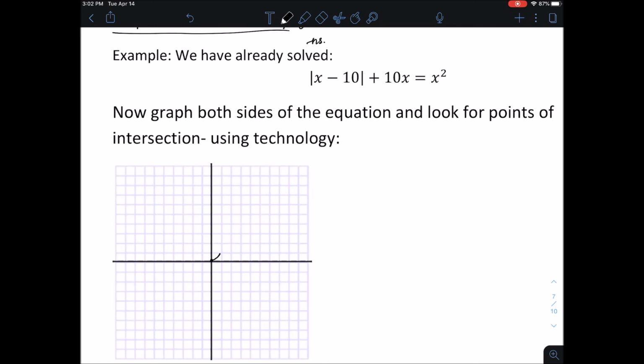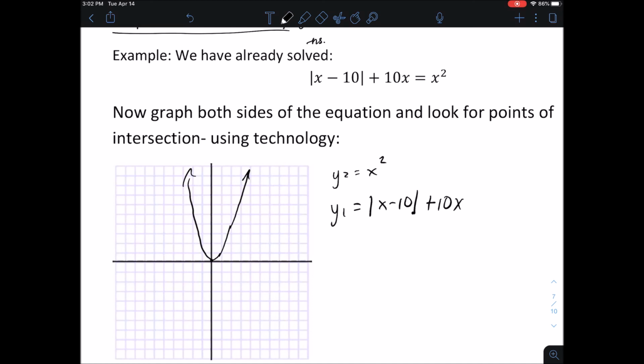So I'm going to graph x squared, so on, whatever, something like this, right? It looks something like that. And that is y2 is x squared. y1 is the absolute value of x minus 10, close the absolute value, and then outside plus 10x.